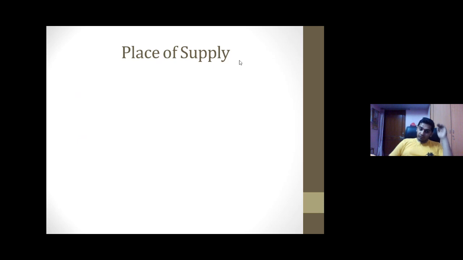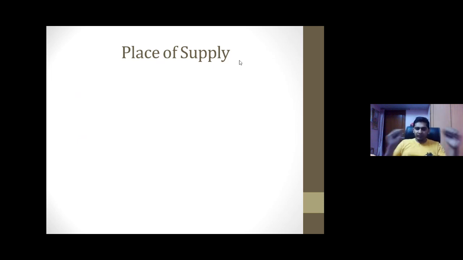Now, just recall the last few classes. I told you one rule. The rule is the principle of destination, the principle of consumption. GST is made on the principle of destination or consumption.